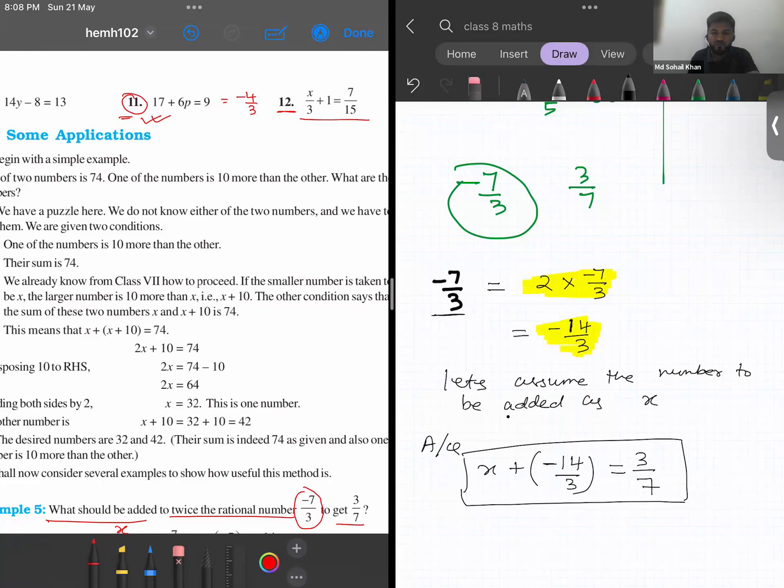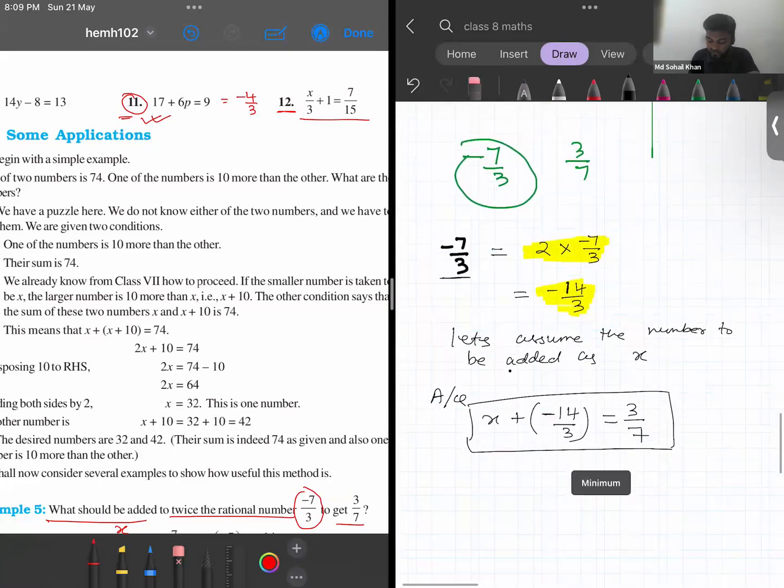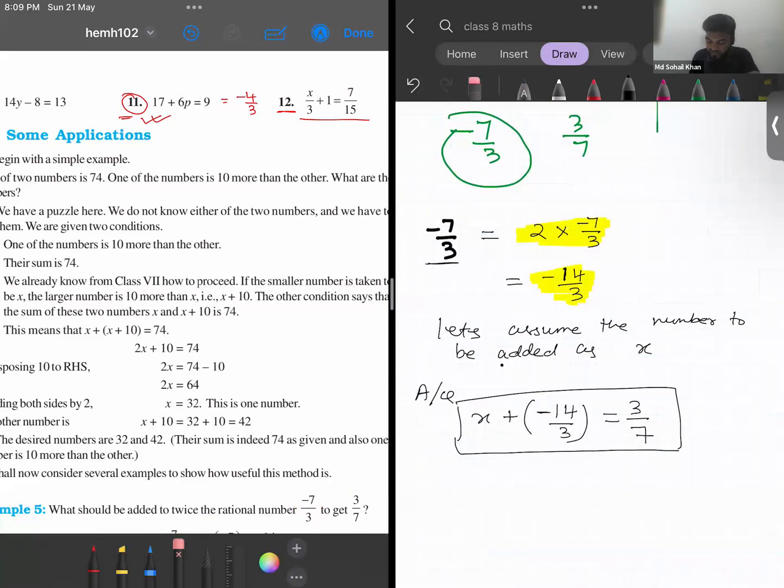Yes, sir. If not, I will explain again. Okay, sir. Okay, look, read the question carefully. What does the question say here? What should be added to twice the rational number minus 7 upon 3? Let's say I am adding x here.